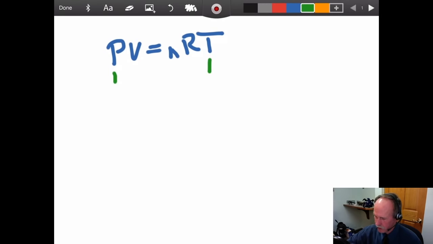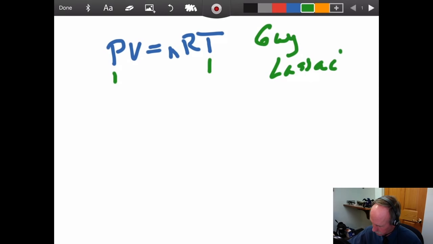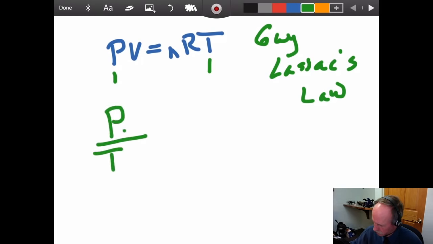So I think that right now you can pretty much see this is called Gay-Lussac's law. I think it's pretty obvious how we would solve for this. P over T equals nR over V. Makes sense, right?